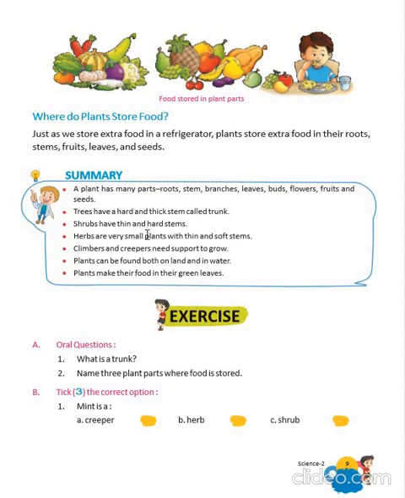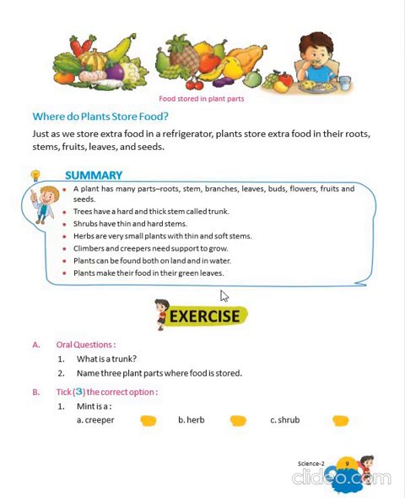Herbs are very small plants with thin and soft stems. Climbers and creepers need support to grow. Plants can be found both on land and in water. Plants make their food in their green leaves.